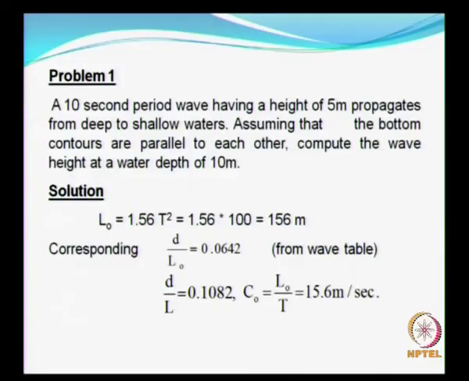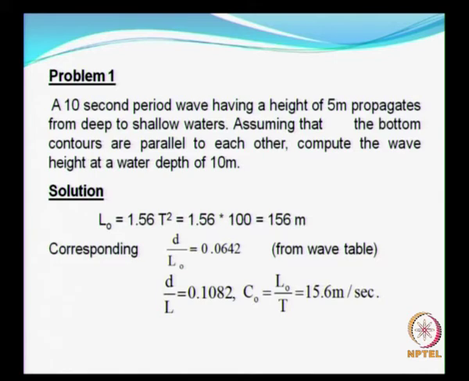Problem number 1. A 10-second wave having a height of about 5 meters propagates from deep to shallow waters. The assumption here is that the bottom depth contours are parallel to each other, something like a ramp.